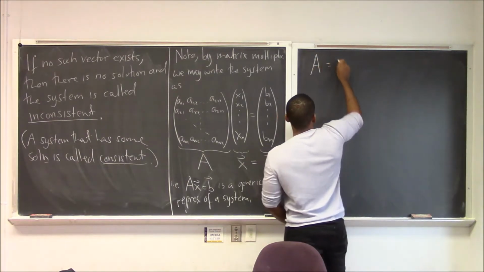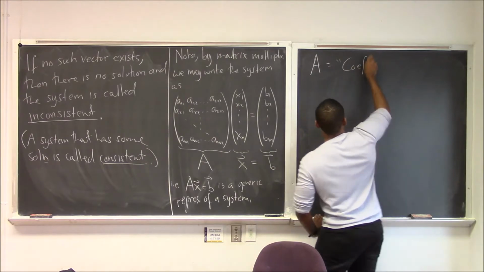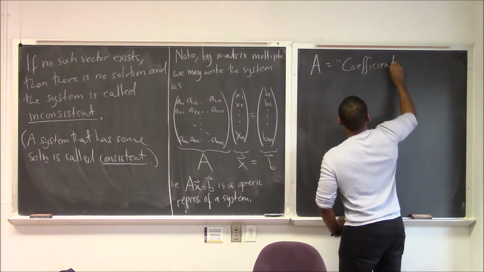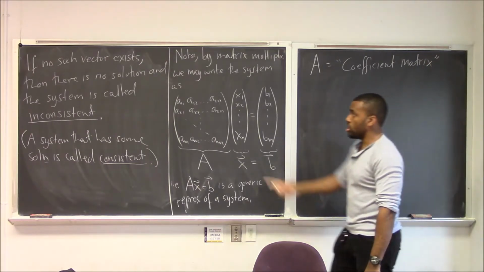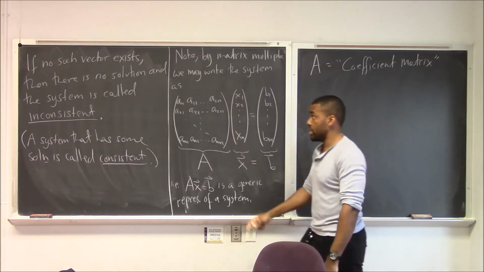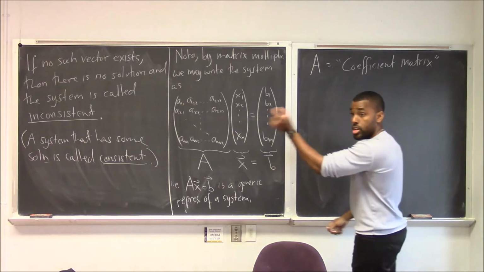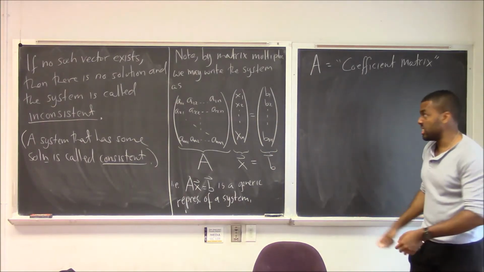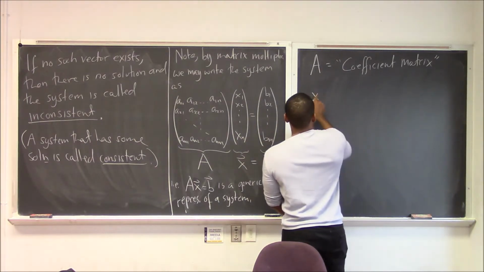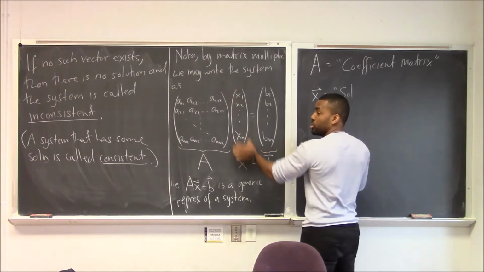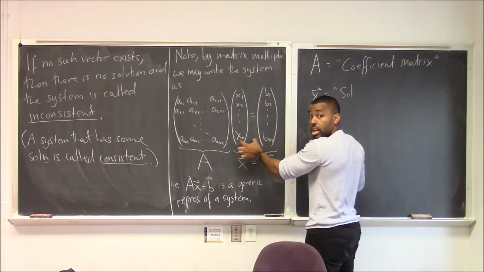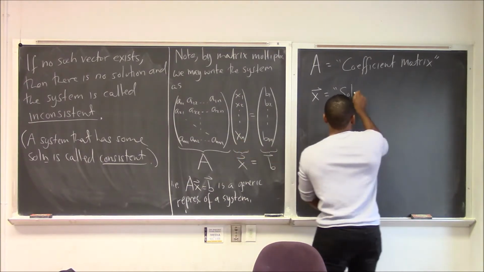A has a name here. It's called the coefficient matrix. You'll notice that it is the matrix of coefficients. It's all the constants that we're multiplying all the x values. They all end up here in their relative positions. X is called the solution matrix because the solution is finding the vector here that will solve the system.